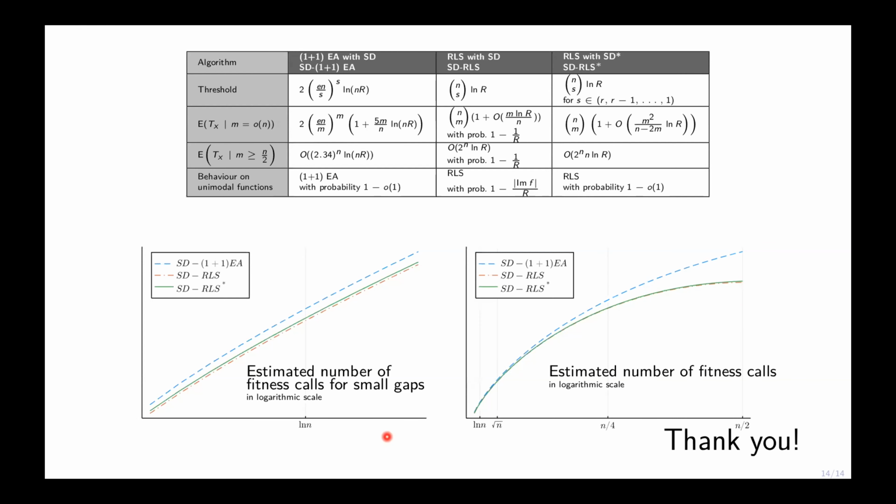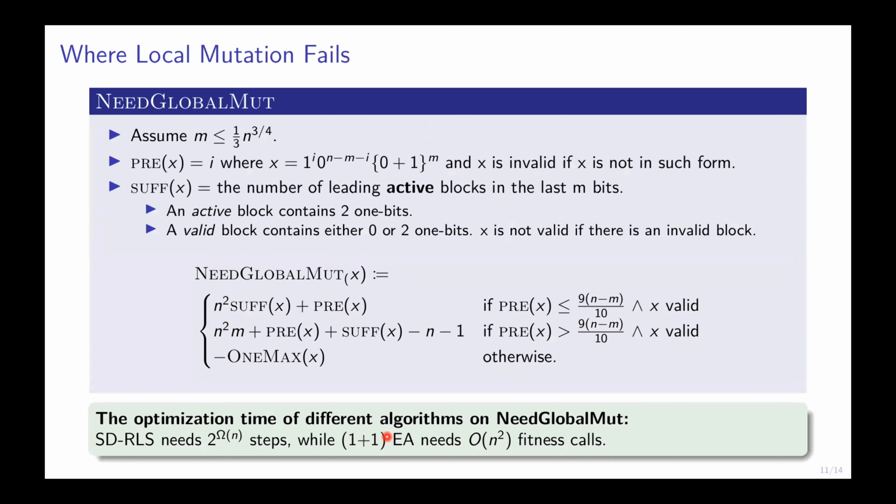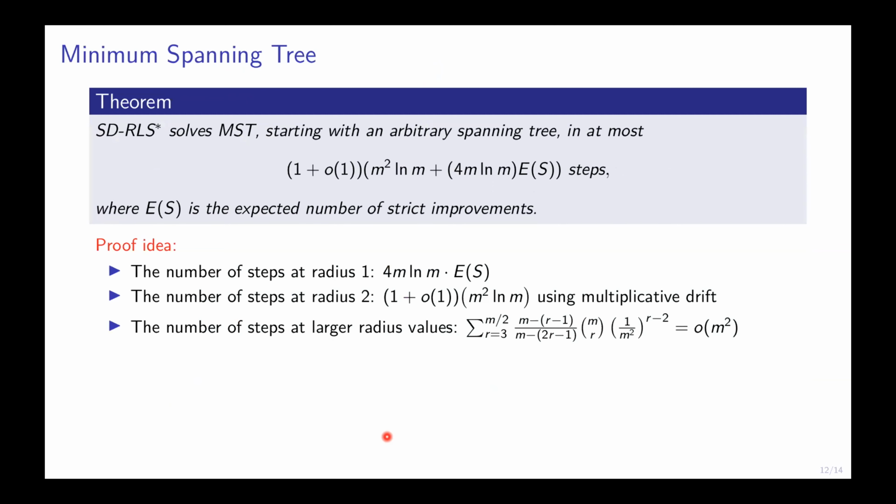Okay, let me start with one that might be stupid, I'm not sure. You mentioned the minimum spanning tree on one of the slides, right? You only considered that for the randomized local search, right? Did you look into your previous variant with the 1+1 EA and the stagnation detection there as well?